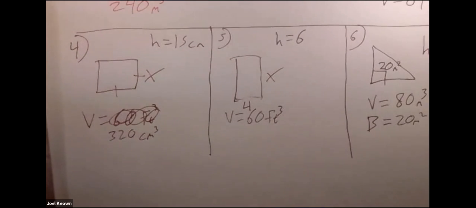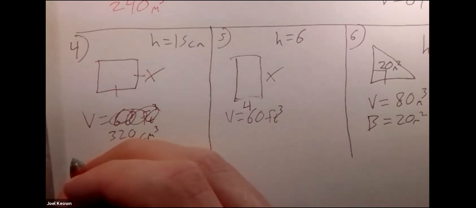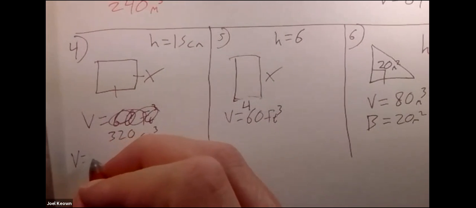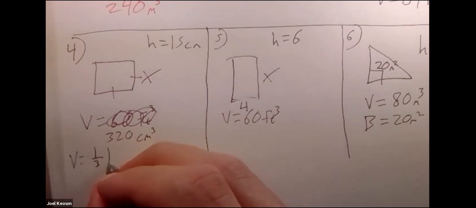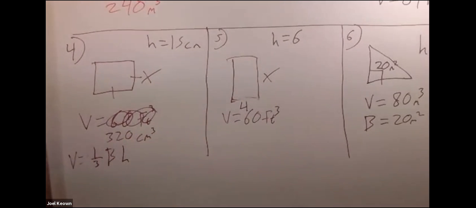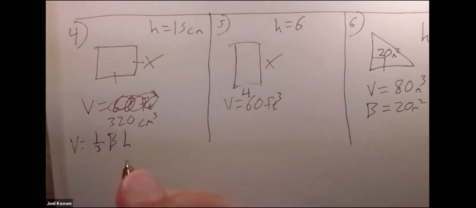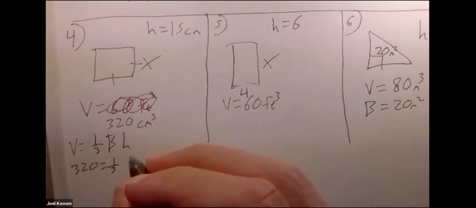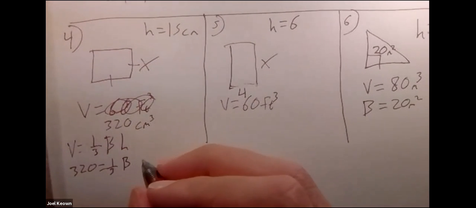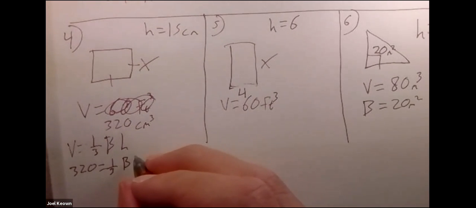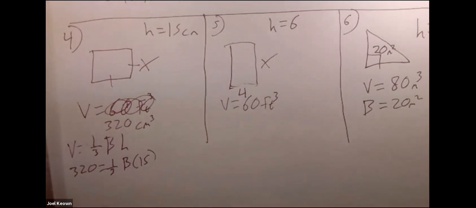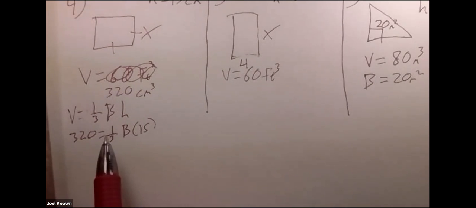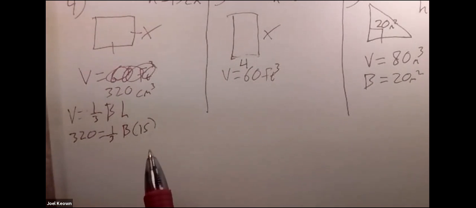Number 4. Volume equation. Volume equals 1/3 base times height. Okay. Well, I know volume is 320. I don't know what the base is yet, but I know that the height is 15. Well, 15 times 1/3 is just 5.